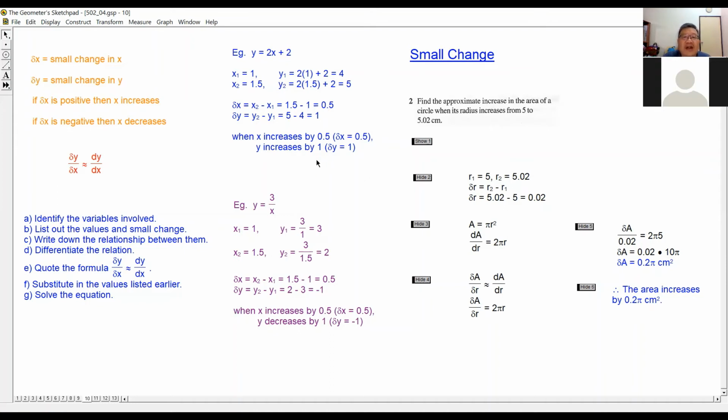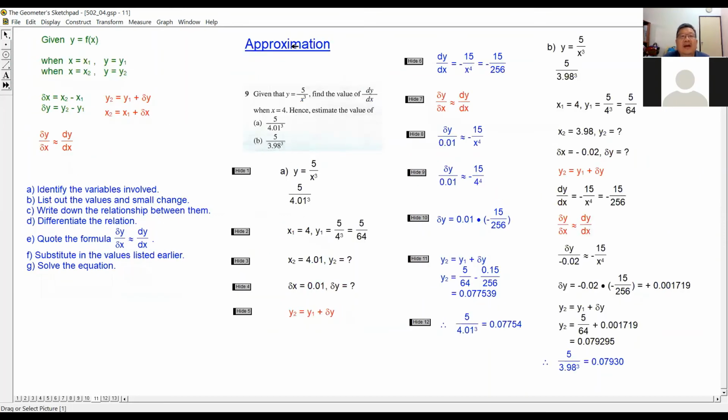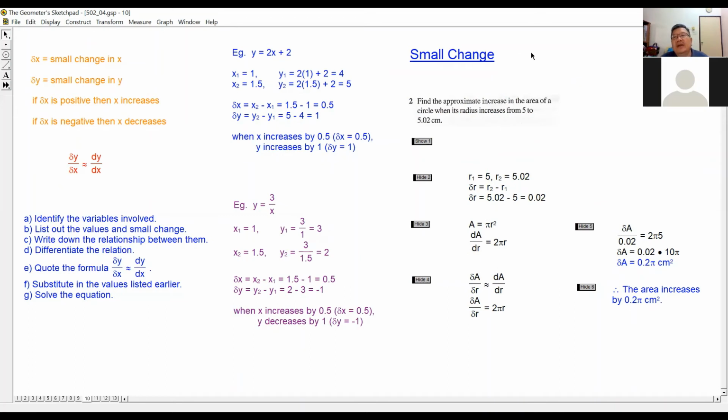Now, if the question asks you to find this y2, that means they ask you to find the approximation. So approximation and small change, there's a slight difference. For small change, you are interested in how much is the change. You are not interested in the final value.